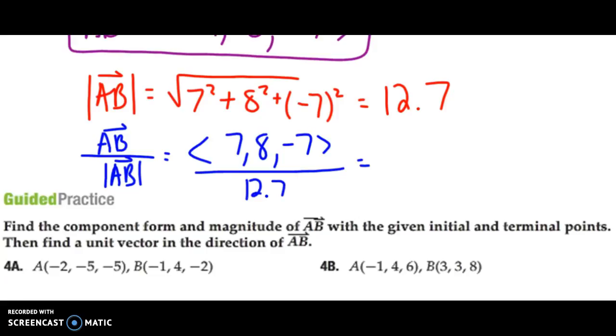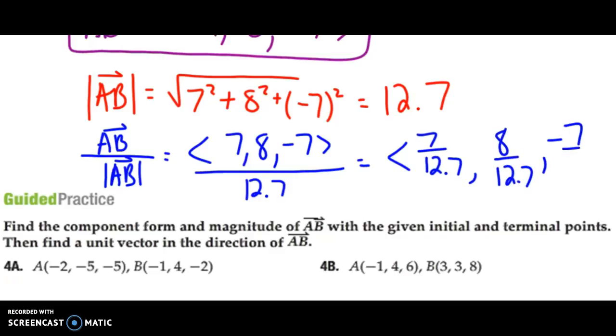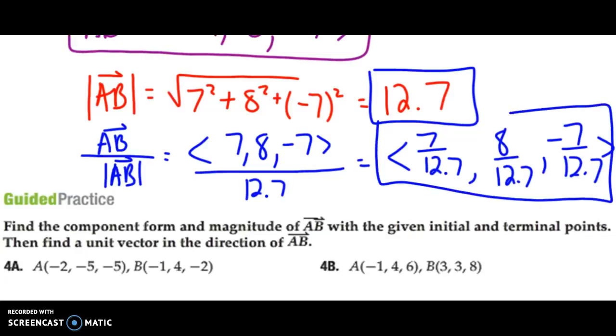And what I end up getting is 7 over 12.7, 8 over 12.7, and -7 over 12.7. Just as an easy way to do it. We could simplify further, but let's just make it easy on ourselves and say that's what it is. So, magnitude, unit vector.